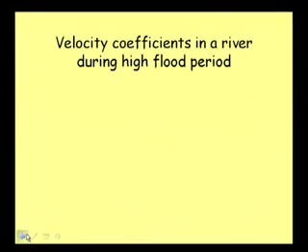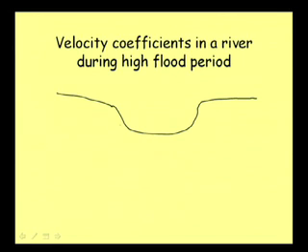This is one situation I have shown. Suppose the same river I am considering, you can just concentrate on the slide: velocity coefficient in a river during high flood period. Suppose I consider the same river as we did earlier, and it has a flood plain in this form.